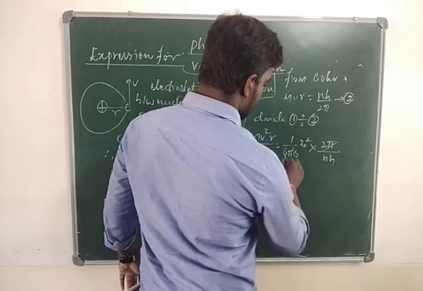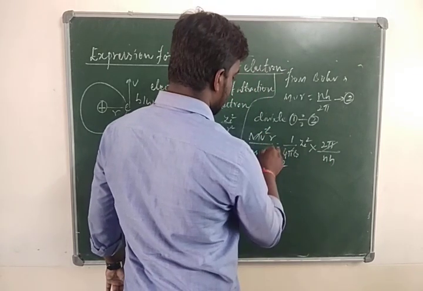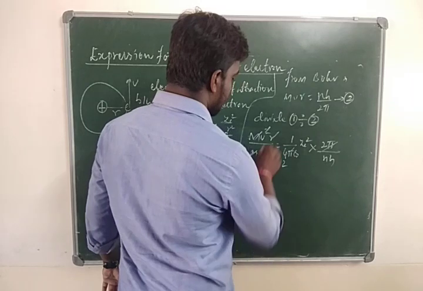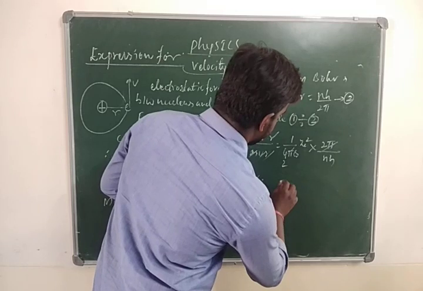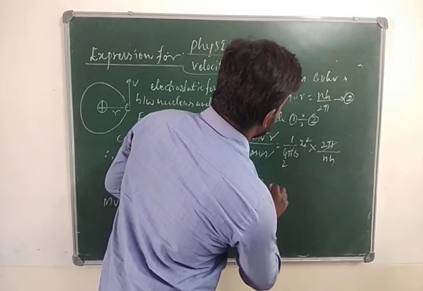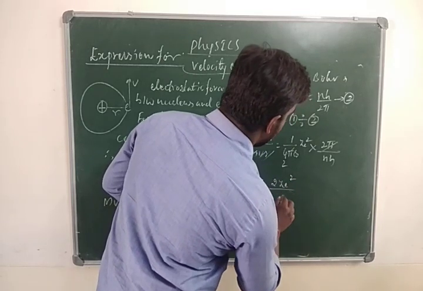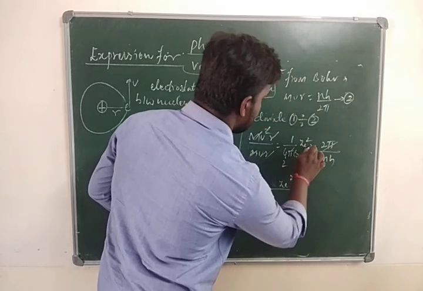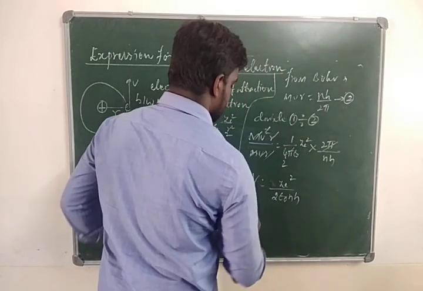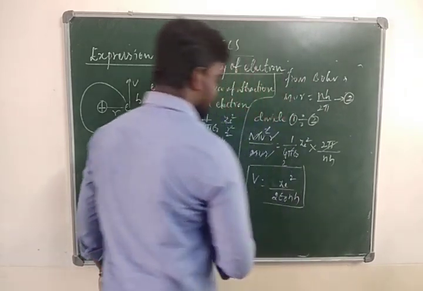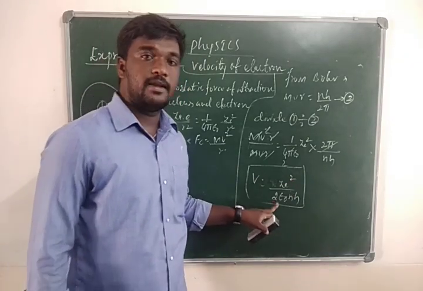The 2 pi and 4 pi get cancelled, m gets cancelled, and mv square r over mvr leaves v. So v is equal to Ze square divided by 2 epsilon naught nh.